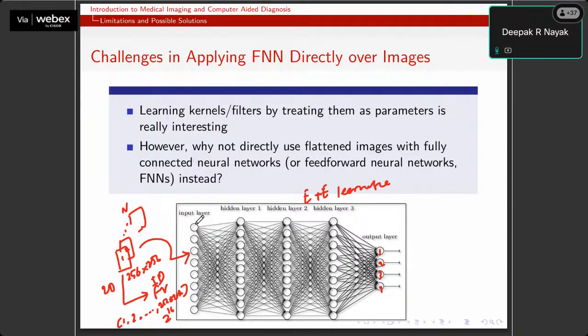Also, there is one more property which is going to be lost, and that is the spatial information. Whenever you are transforming a 2-dimensional matrix into a 1-dimensional vector to process through a traditional neural network, you are losing some of the neighborhood relationships which are very important in images. In images, what is important is the spatial relationships, the neighborhood relationship of each of the pixels.